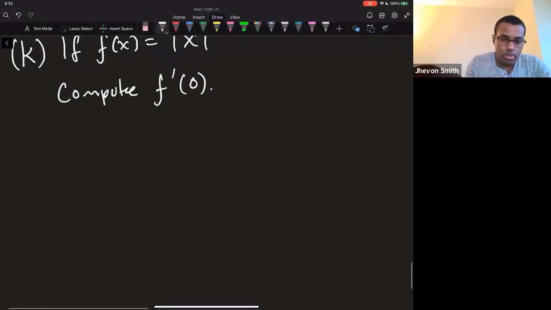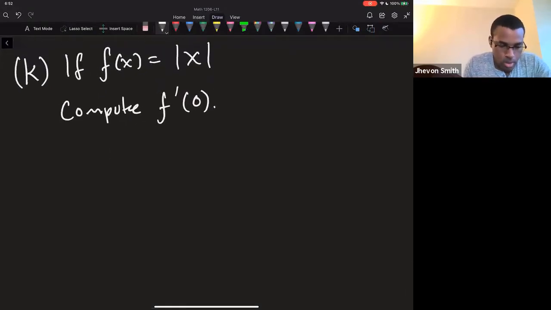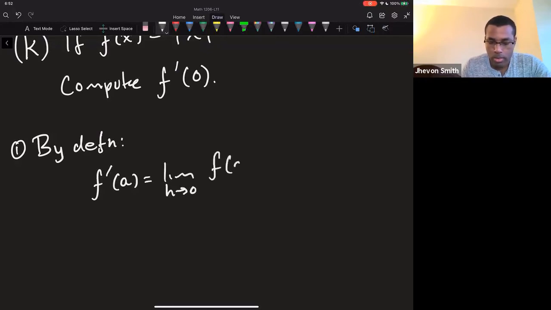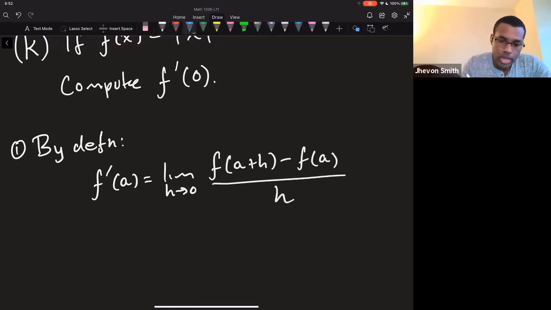So here, by definition, one way, by definition, f prime of a would be the limit as h approaches 0 of f of a plus h minus f of a all over h. Here, h is just some constant that we're plugging in for x.